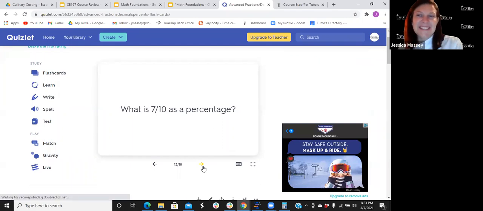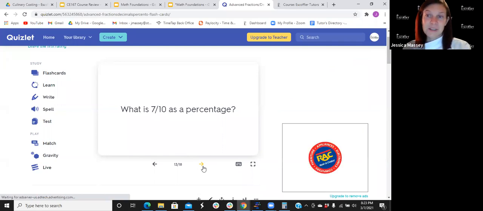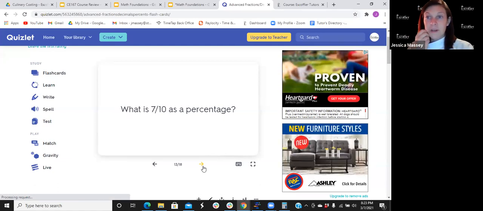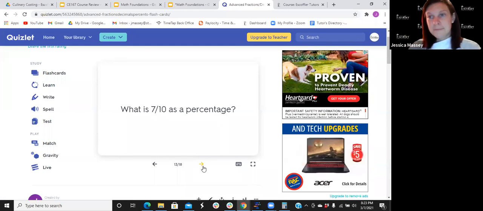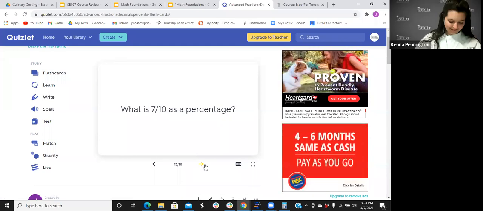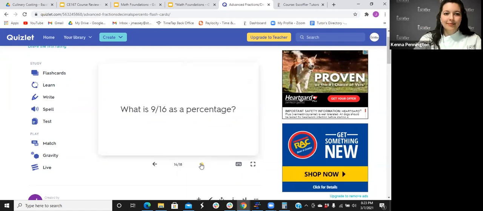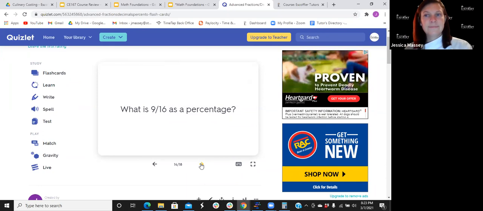What is 7/10 as a percentage? Again, two-parter. Your 7 divided by your 10 would equal 0.7, times 100 equals 70%. What is 9/16 as a percentage?